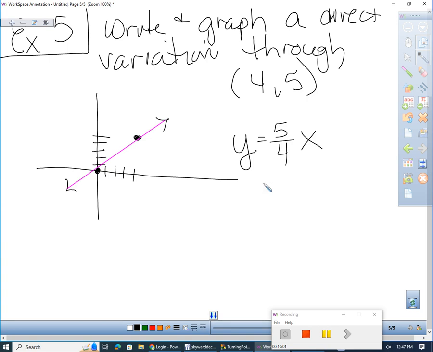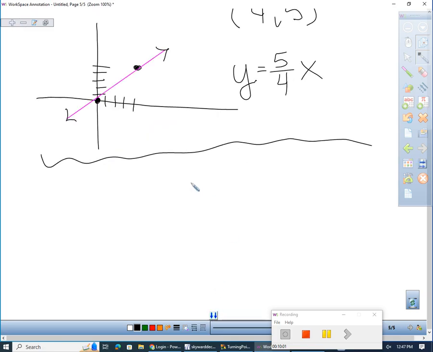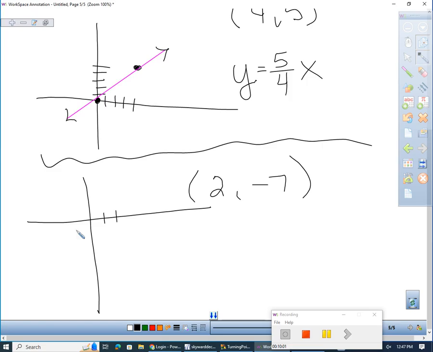All right, let's do another one real quick. Let's say underneath the same example, it goes through the point, how about 2, -7? All right, if I were to plot 2, -7, right there. Of course, it has to go through the origin.